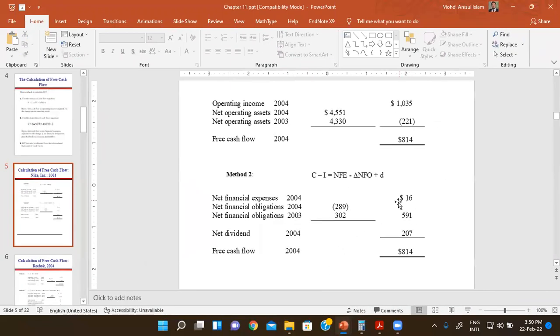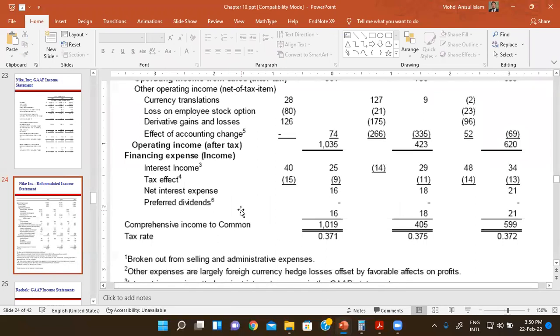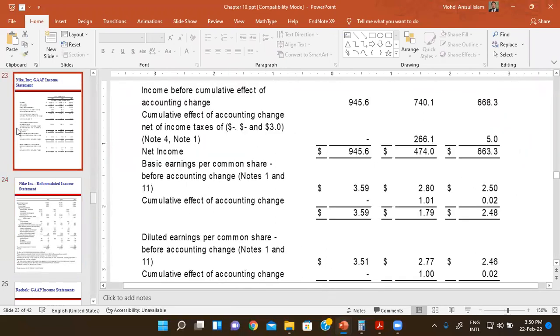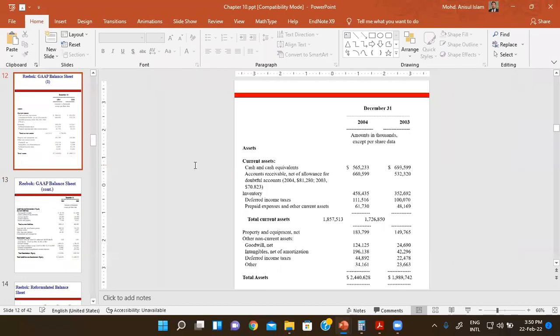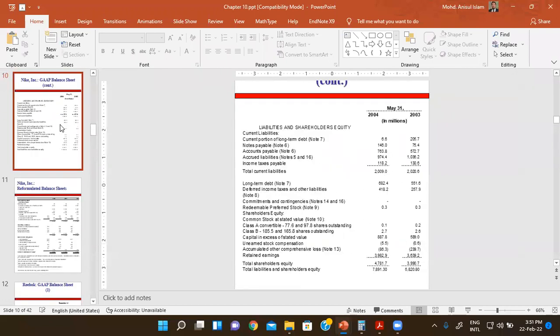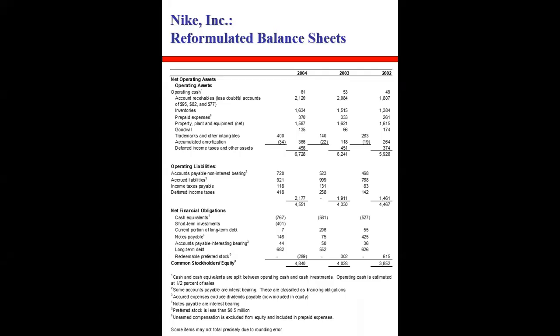So let's write here the net finance expense 16. And now we will look at whether Nike is a company which has a net financial obligation, or a company which has a net financial asset. Yeah, this is the reformulated. So Nike has net financial obligations of 302 in 2003.